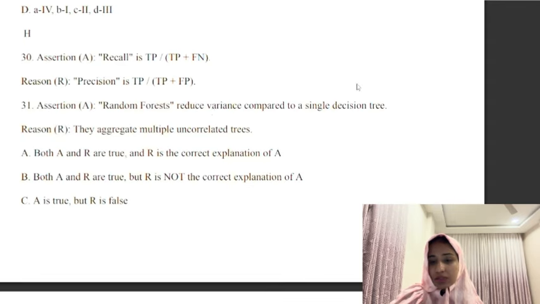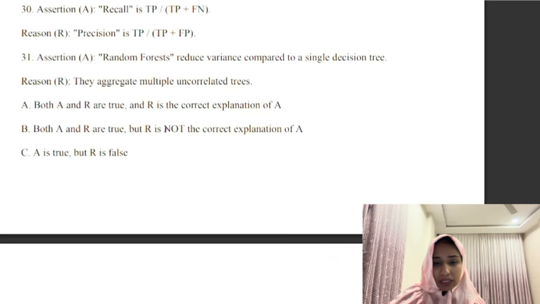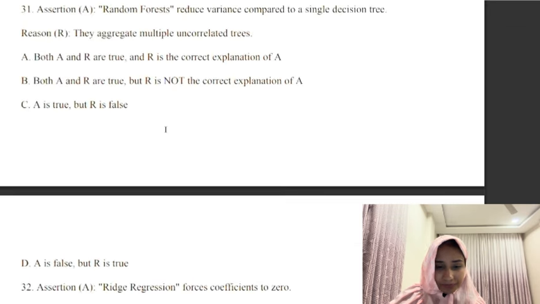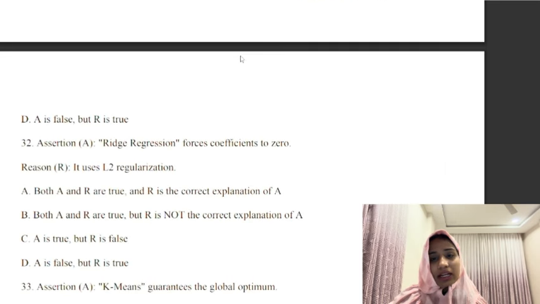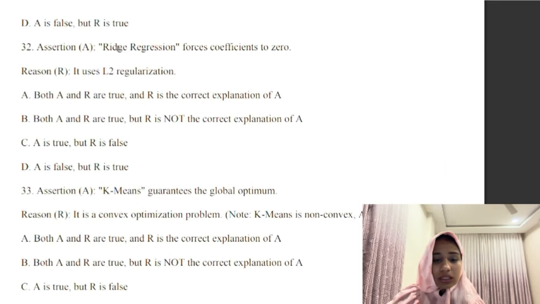Random forest reduces variance compared to single decision tree, and reason they aggregate multiple uncorrelated trees. And the answer is option A, which is both assertion and reason are true, but reason is not the correct explanation of assertion.